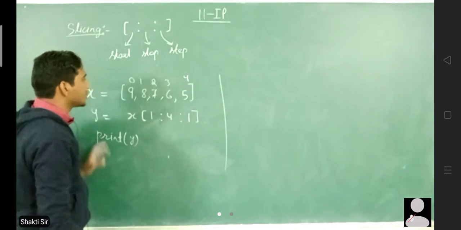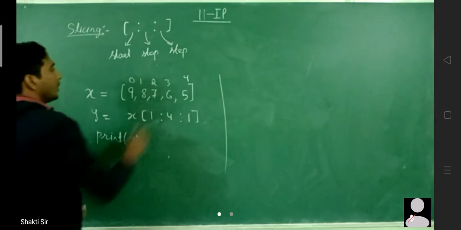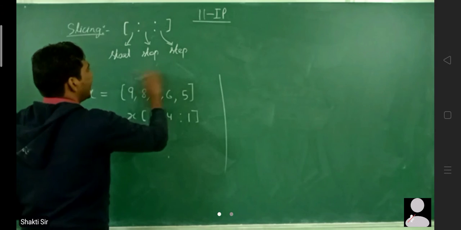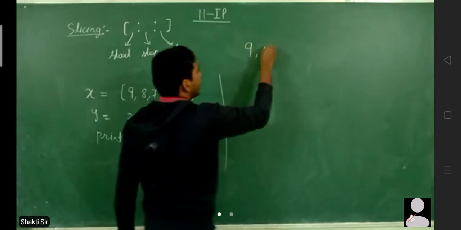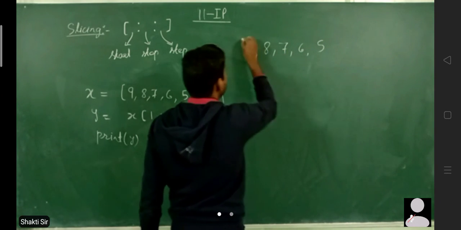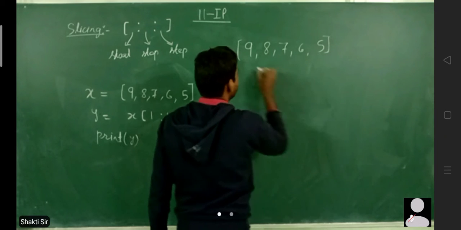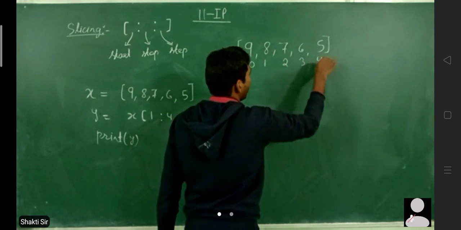So here I write the list: 9, 8, 7, 6 and 5, and these are the indexes 0, 1, 2, 3 and 4.